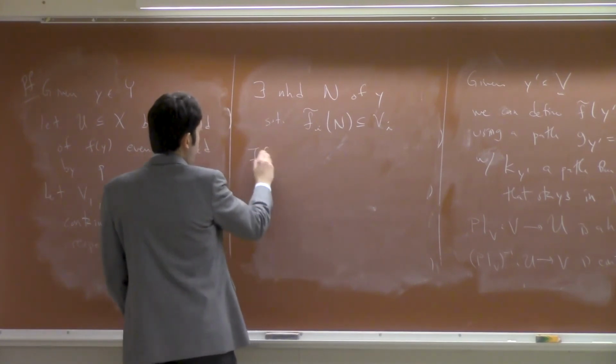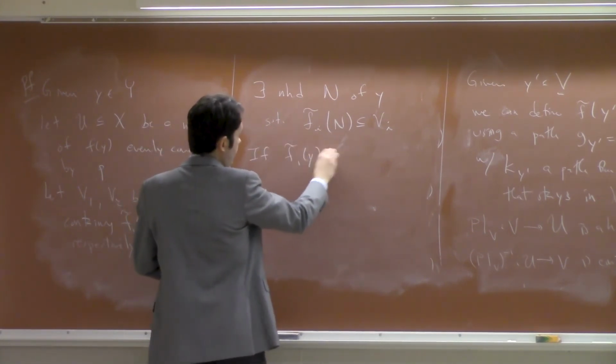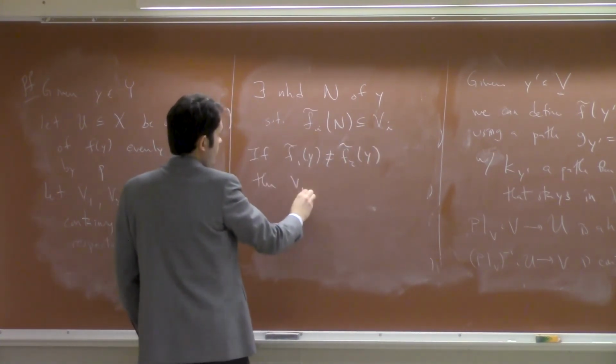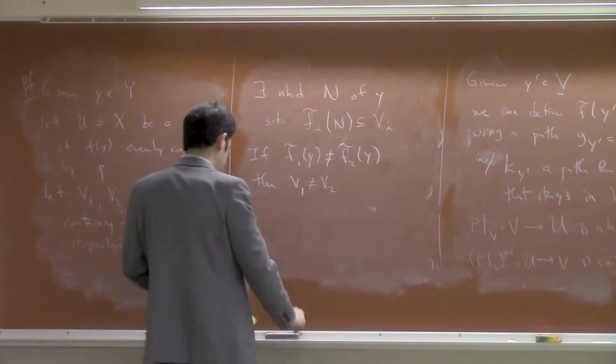Okay, so if F1 tilde of y is not equal to F2 tilde of y, then V1 is not equal to V2.